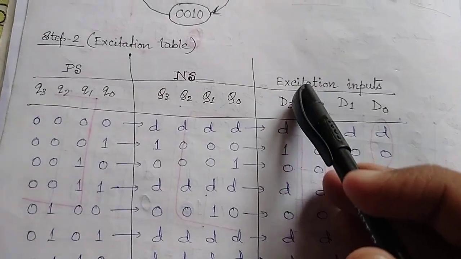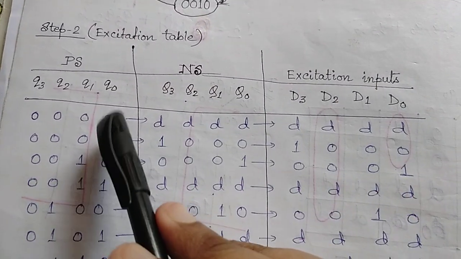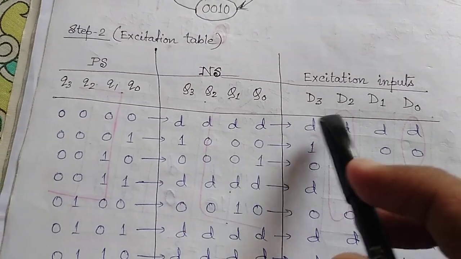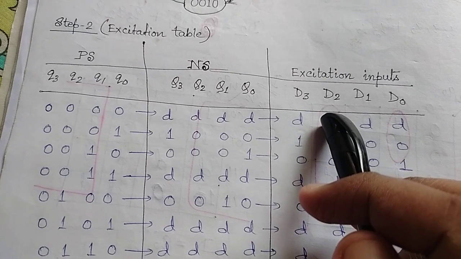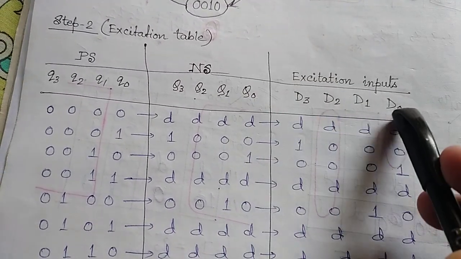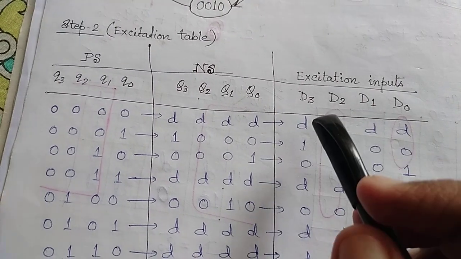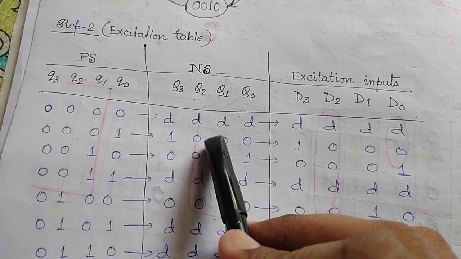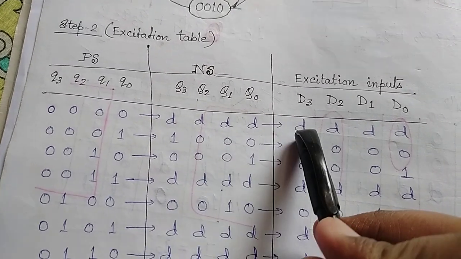Now the excitation inputs. I know what my present state is, I now know what my next state is, so what inputs are to be given? The advantage of using D flip-flops is that whatever input I give, the output will be exactly equal to the input.